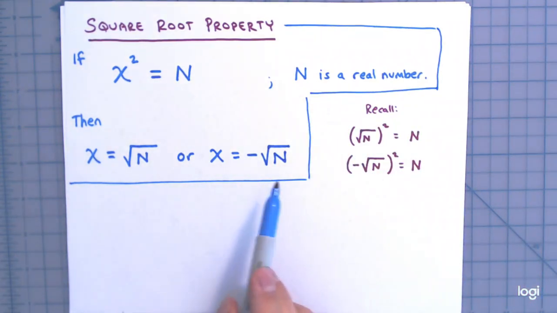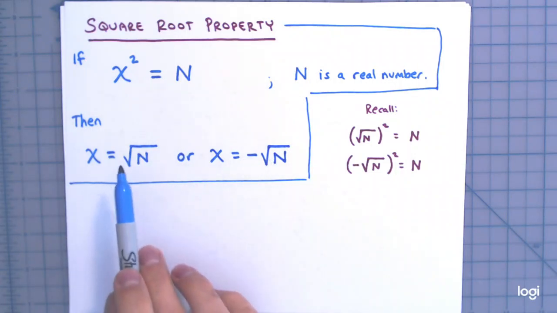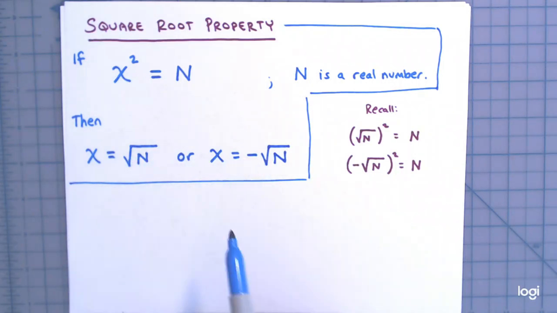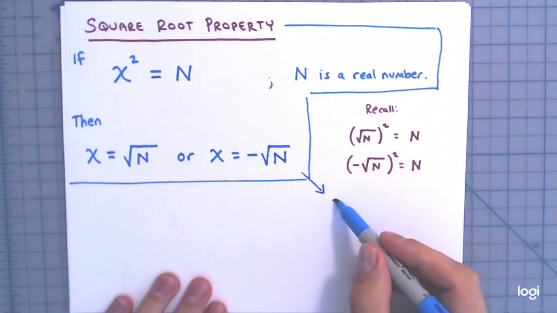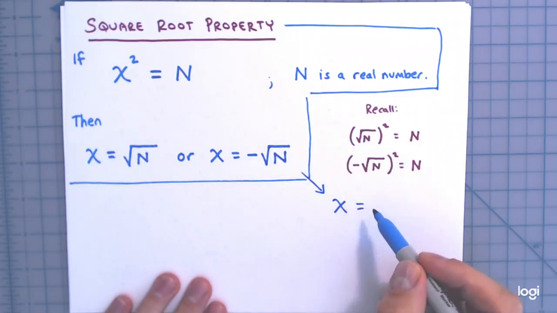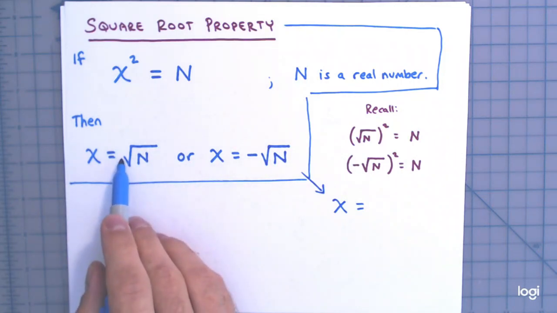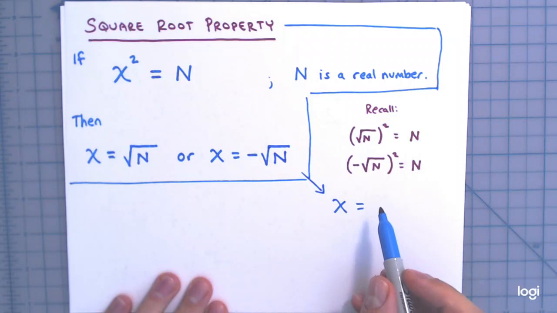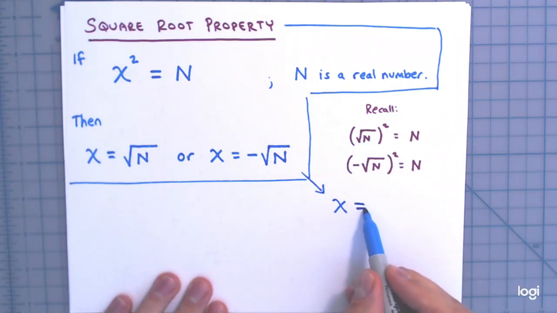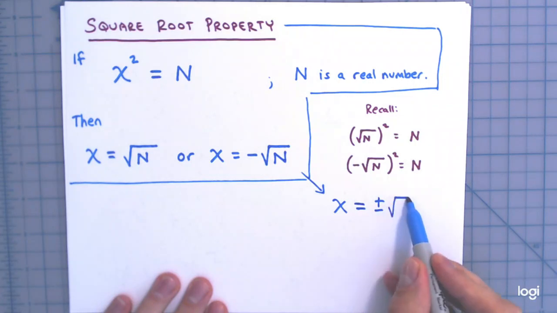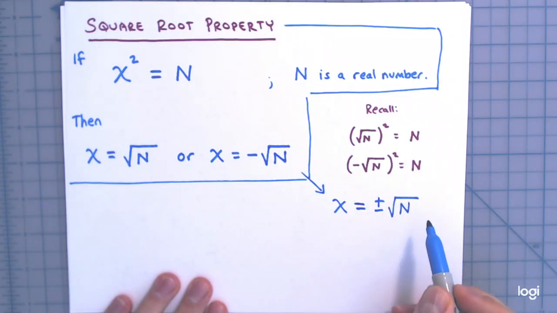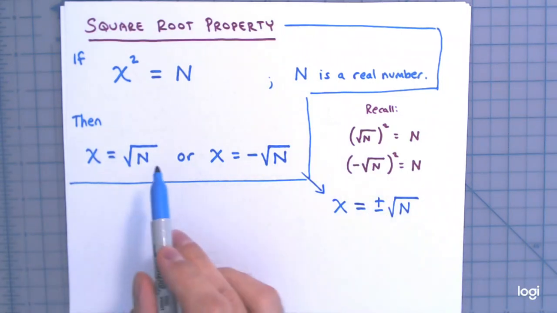Now, very often, instead of writing out these two separate equations, because they look so similar, one with a positive in front of the square root of n and one with a negative, you'll see people write x equals positive or negative square root of n, to represent both of these.